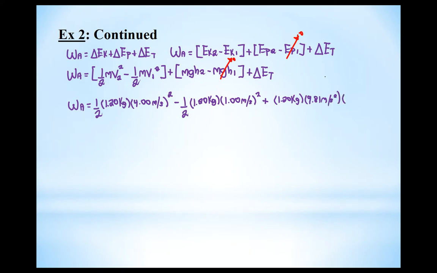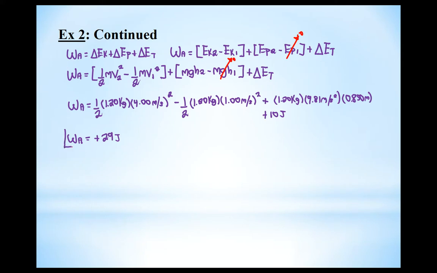If we go back to our states, we can identify that the height at state 2 is 0.850. And then we just have to add our delta ET term, which is 10 joules. If we do this, then I believe we should get positive 29 joules of work.